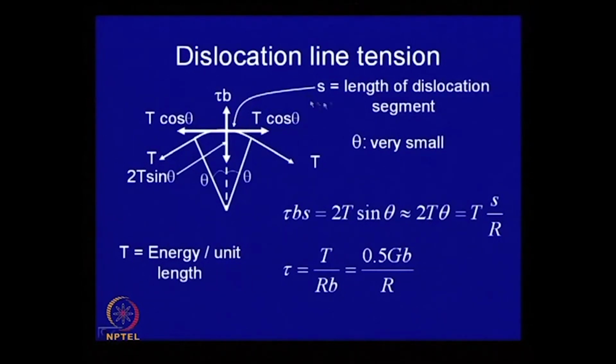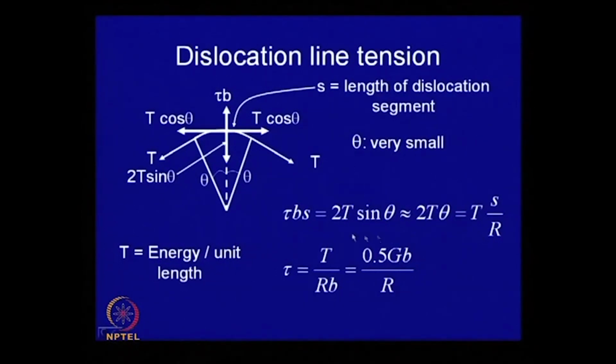And now, let us look at it here. The length of this segment is S. What you see here is that the force acting on this dislocation segment is tau b, the force per unit length, times the dislocation segment length. This is the total force acting on the dislocation, and this is the restoring force.